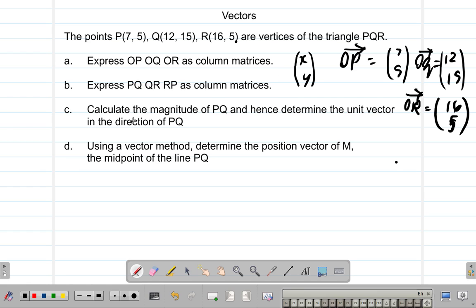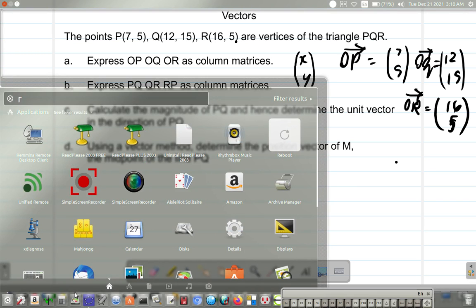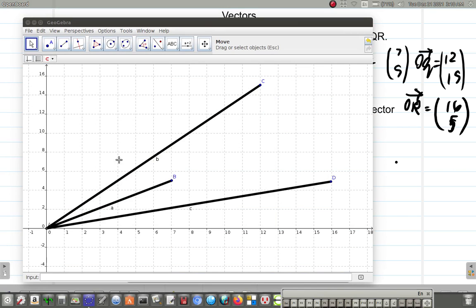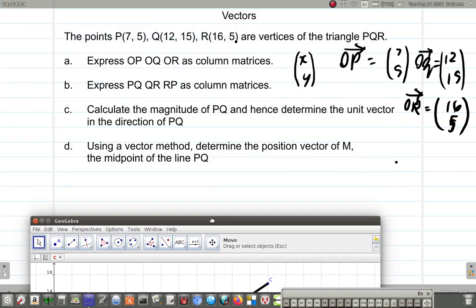The next thing is you must express PQ, QR, and RP as column matrices. Let's go back to our graph. So it's PQ.